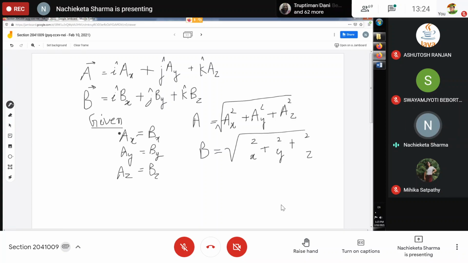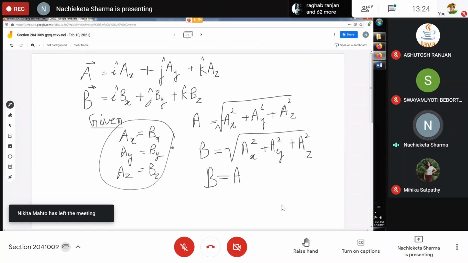So I will write the square root of AX square plus AY square plus AZ square. But AX square plus AY square plus AZ square is the magnitude of A. So the magnitude of B is equal to the magnitude of A. So once the components are same, it implies that the magnitude of both the vectors must be same.